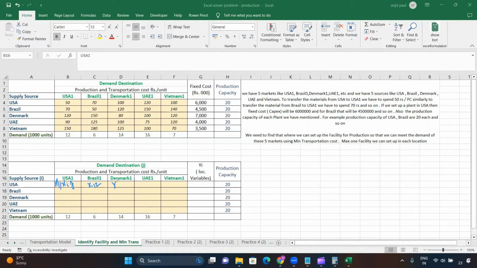Similarly, this one will be X13, this will be X14, and this will be X15. So remember the xij: i equals source, j is the destination. Here X15: 1 stands for the source and 5 stands for the destination, that is Vietnam.